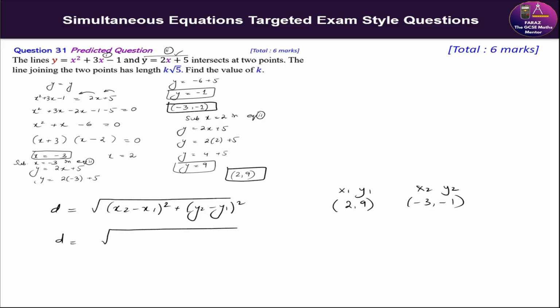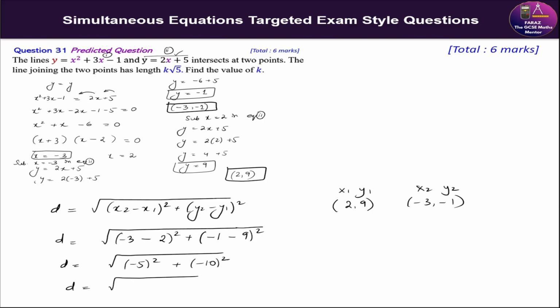So here x2 is negative 3 minus x1 is 2 square plus y2 negative 1 minus 9 whole square, and this will give you negative 3 minus 2, that is negative 5 square plus negative 10 square, and we have 25 plus negative 10 square is 100, which will give you root 125, and therefore square root of 125 is 5 root of 5.